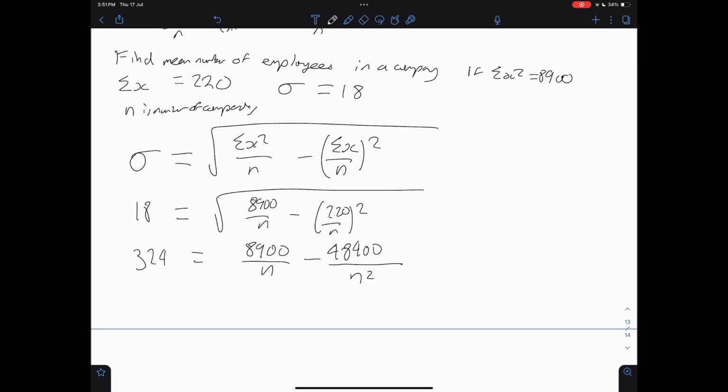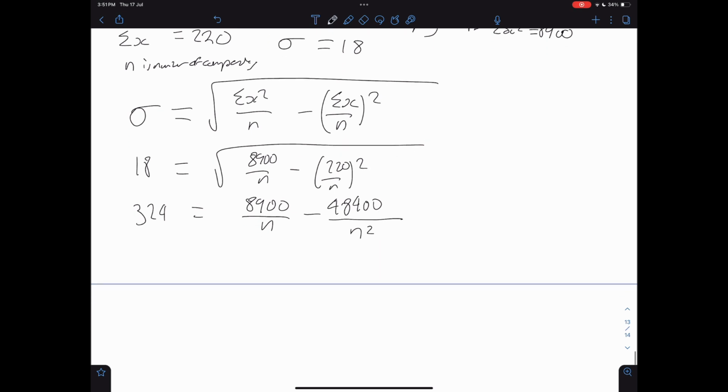Sorry. And so if we multiply all sides by n squared, 4n squared equals 8,900n minus 4,400, and you can start to see we're getting a quadratic equation here.